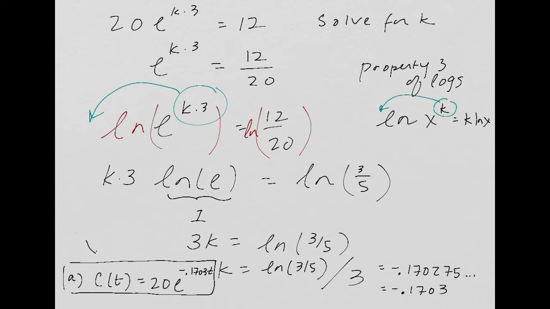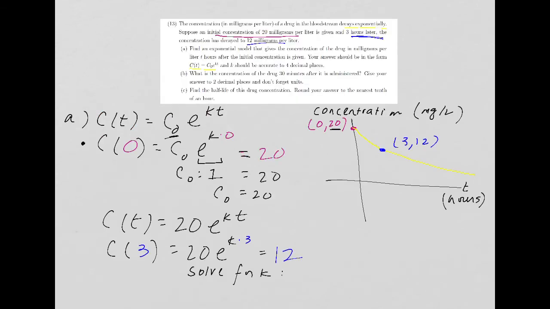So all the work on the last 2 slides was to generate this specific equation. And I just want to tie this into the graph. So obviously my graph is not to scale, but the curve that I have drawn in yellow is exactly what we've spent 2 slides finding. The formula for it is e to the negative 0.1703t.